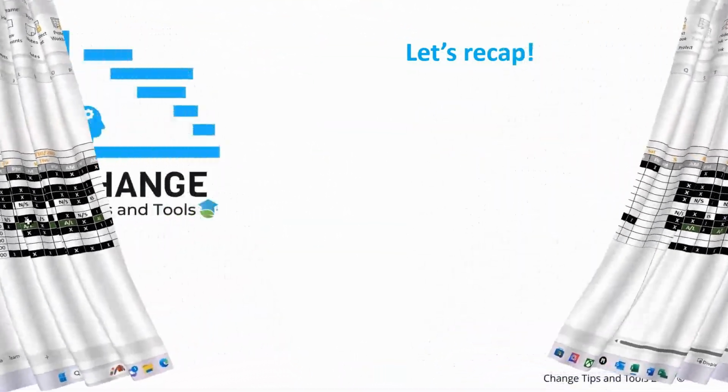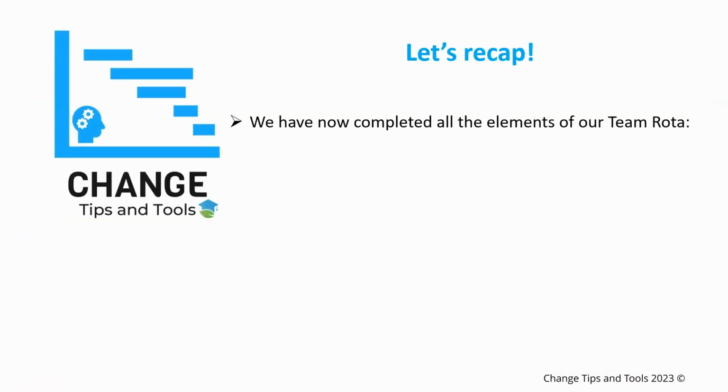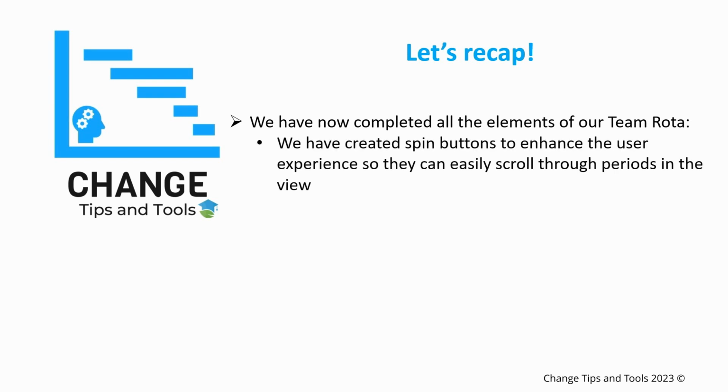So let's recap. We've now completed all the elements of our team rota. We have created spin buttons to enhance the user experience so they can scroll easily through the time periods in our 2-week rota view.